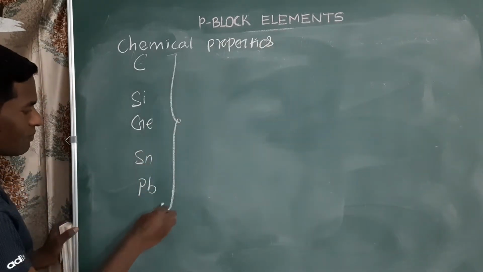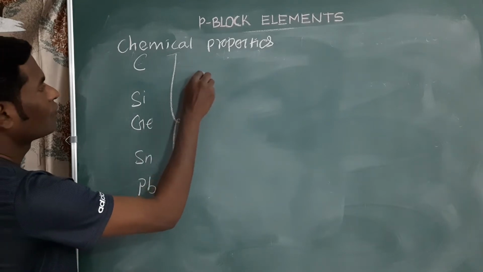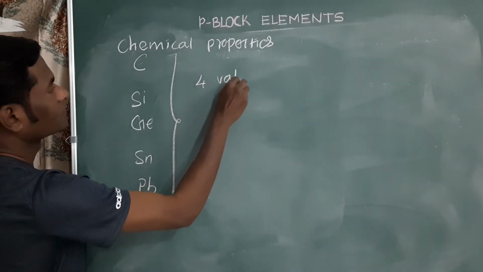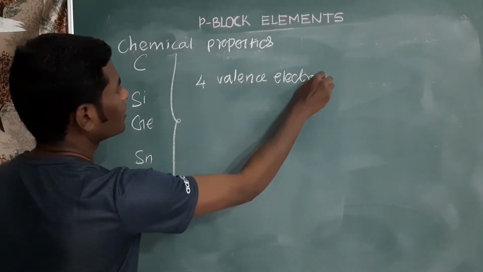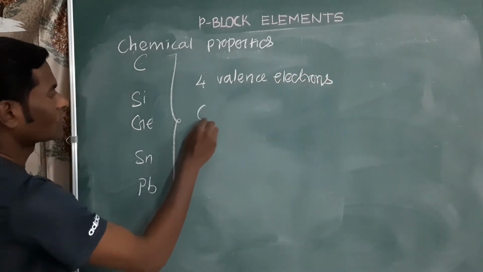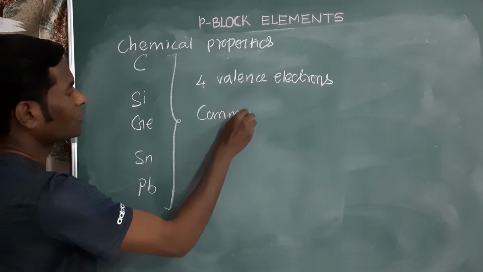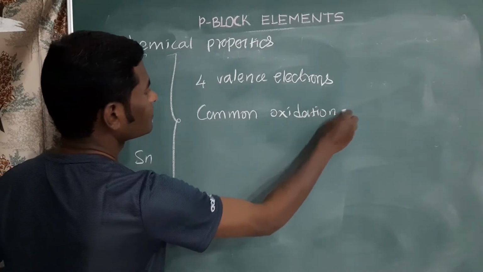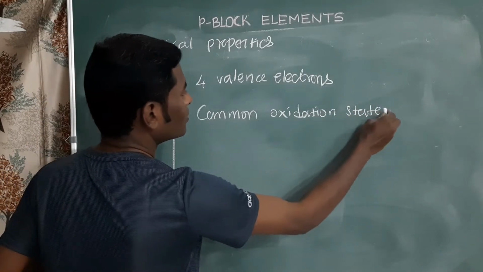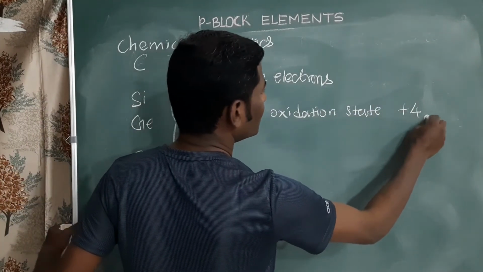The carbon family elements have 4 valence electrons. The outermost orbit contains 4 electrons. So the common oxidation states of group 14 are +4 and +2.